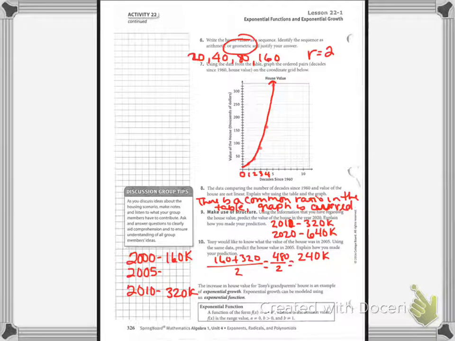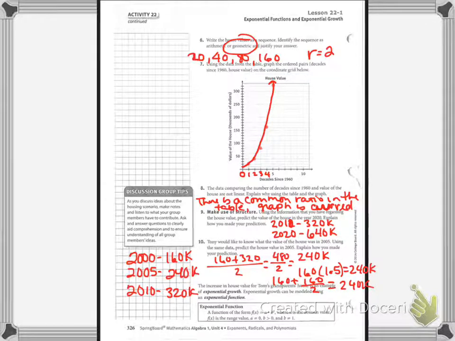We could say 160 times a decade and a half, which is also 240,000. We could say 160 plus 160 divided by 2, which is also 240,000. So lots of ways you could find it. Really, they're all the same.